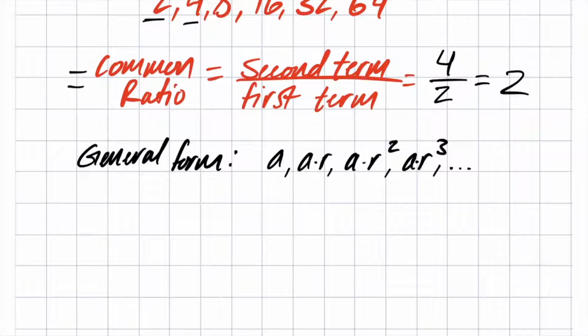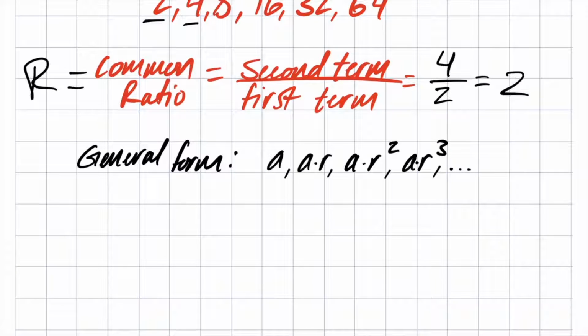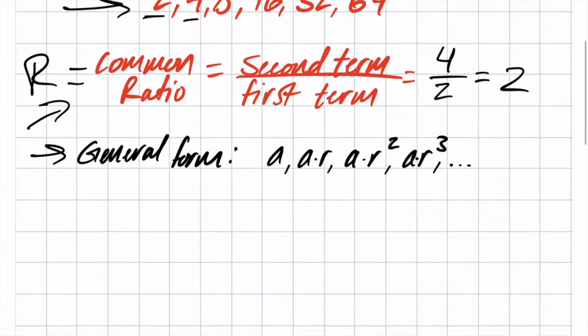And I apologize, R is the common ratio, okay? So, let's use this general form here, along with what we learned about the common ratio, to explain this sequence here, okay? So, I'm going to write it again.